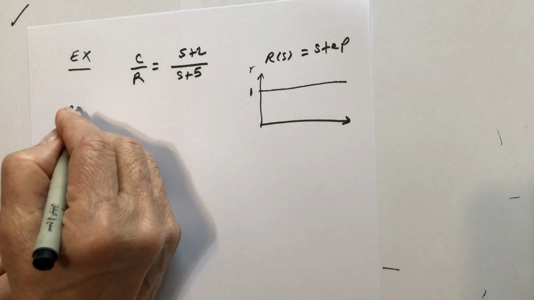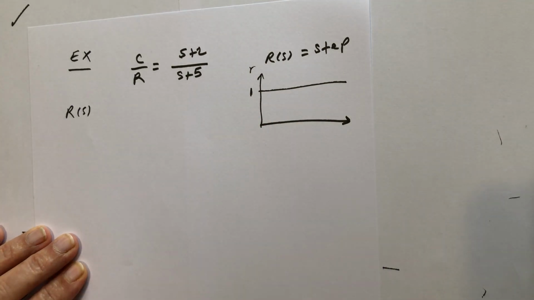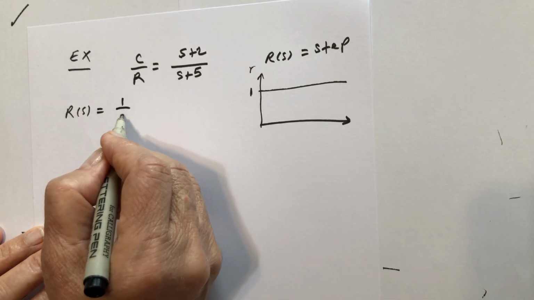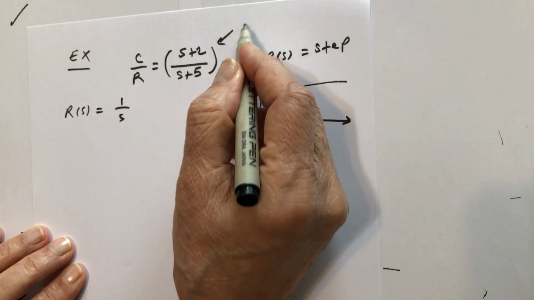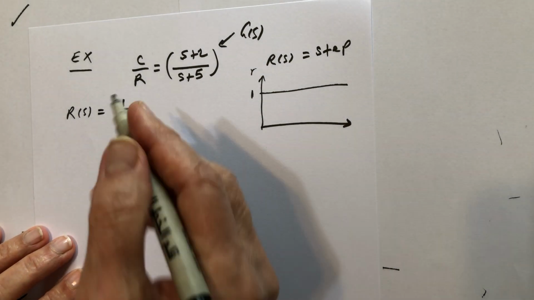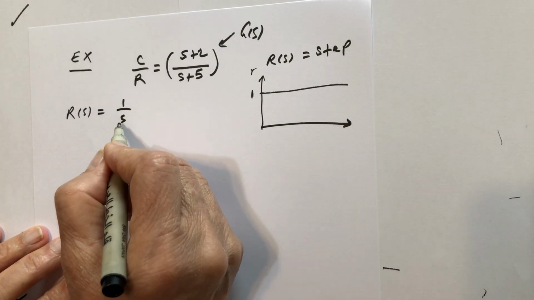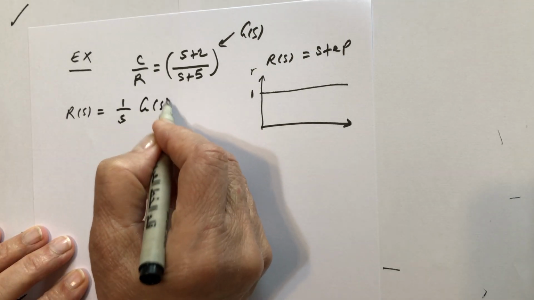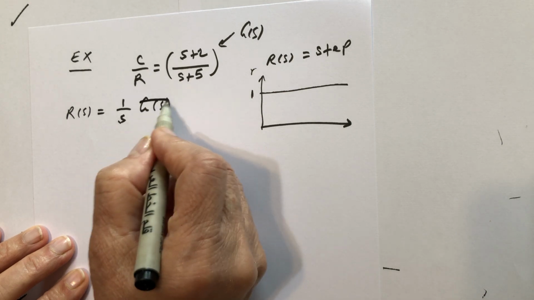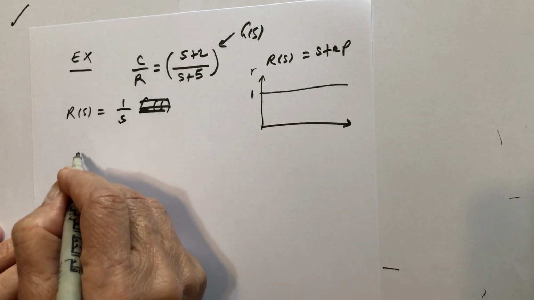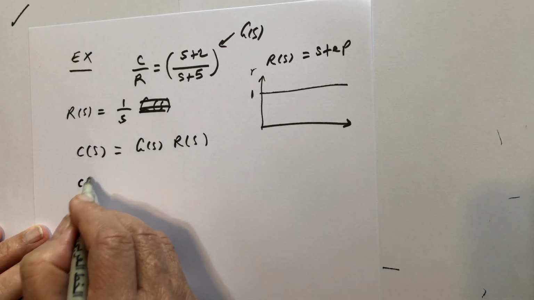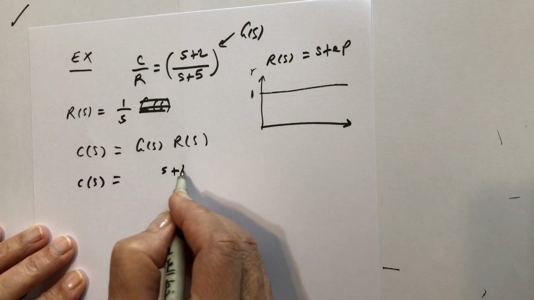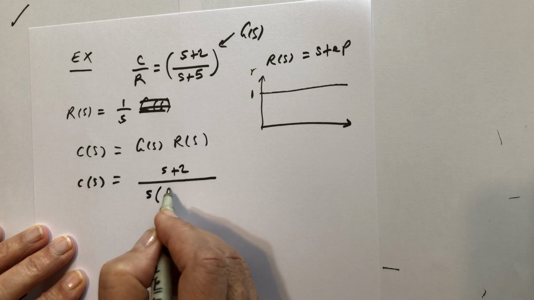So R of S in Laplace, as we talked about before, equals 1 over S. Remember, this is G of S. Now we have R of S equal 1 over S, which is the input, times G of S. Then C of S equals G of S times R of S, as we said, and then C of S equals S plus 2 over S times S plus 5.